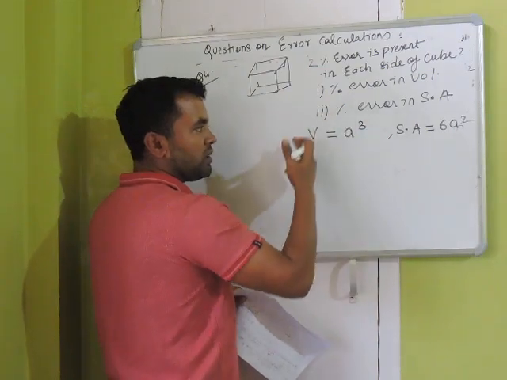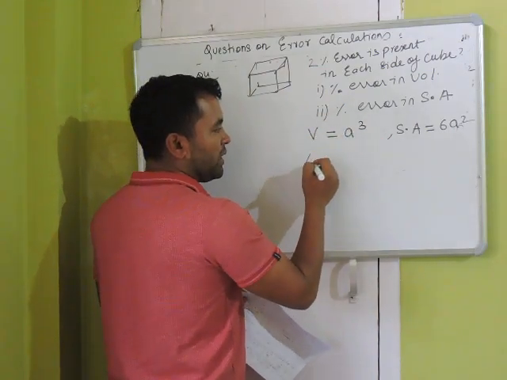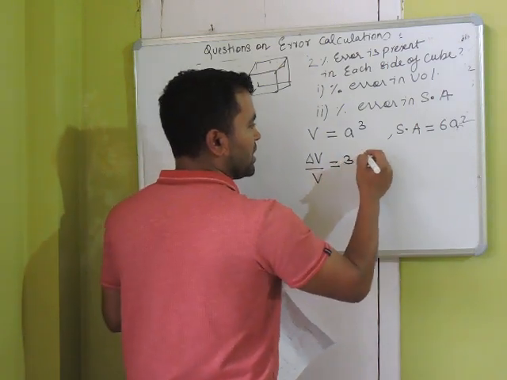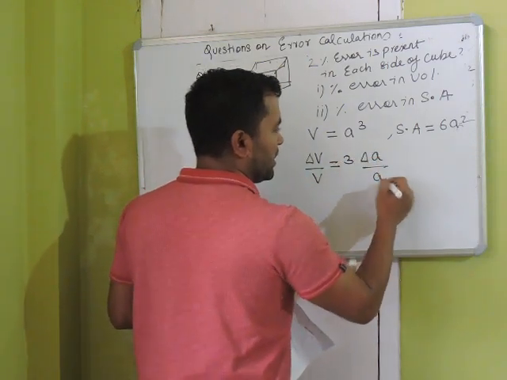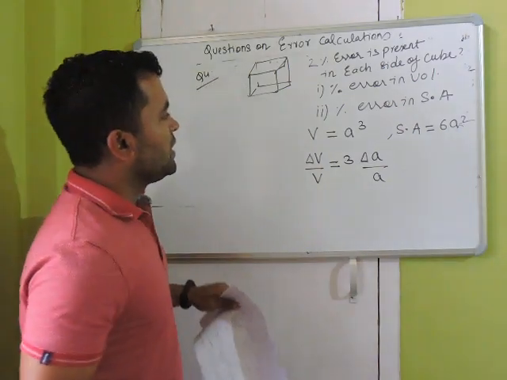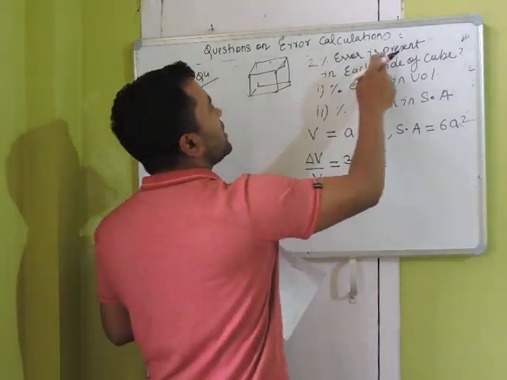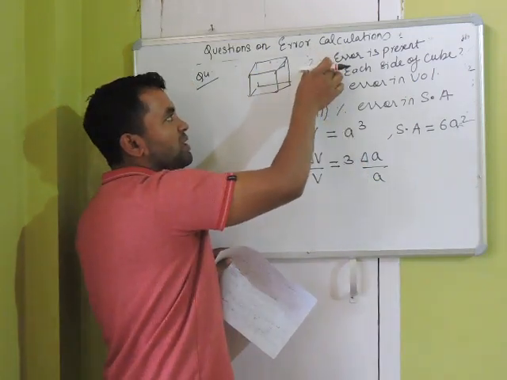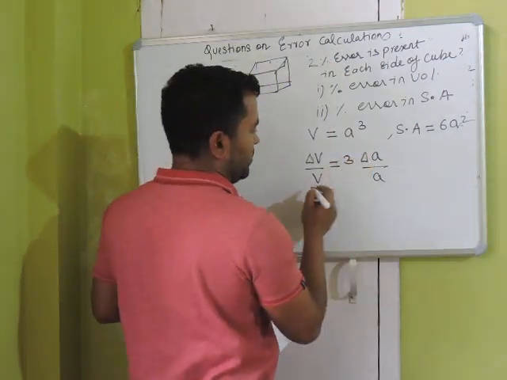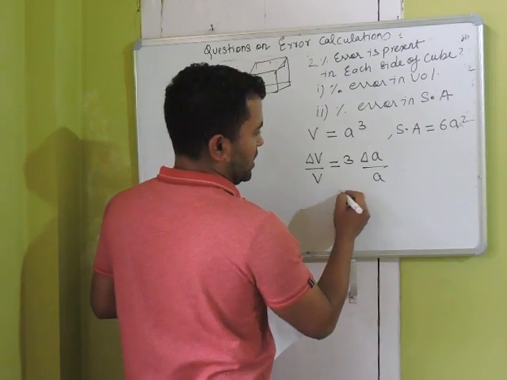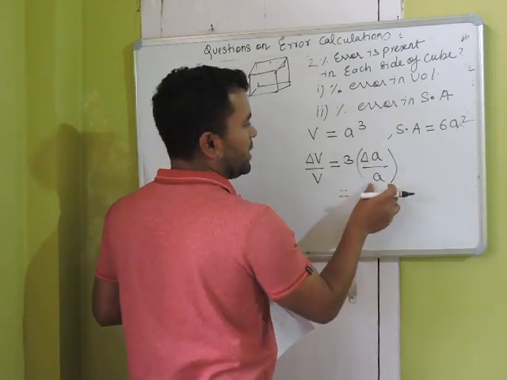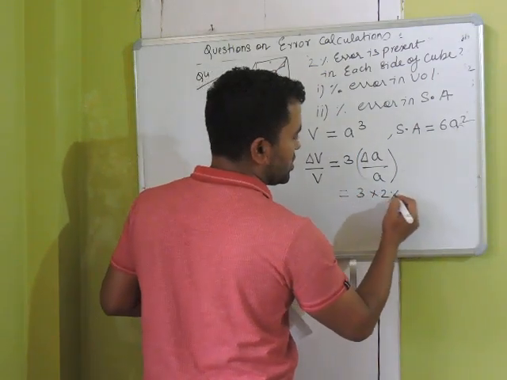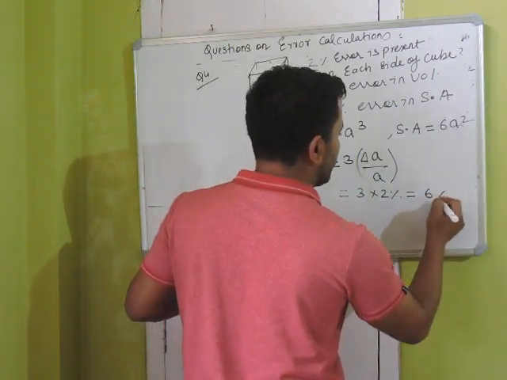So fractional error in volume will be, this power comes here, 3 delta A by A. Since it is given that 2% is the percentage error, fractional error in percentage, this error is 2%, right? So this will be 3 into 2%, so volume will have an error of 6%.